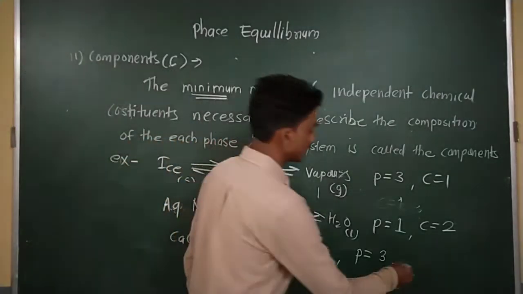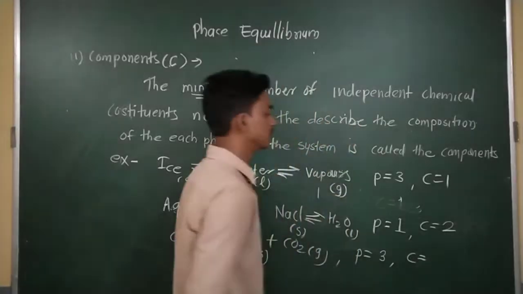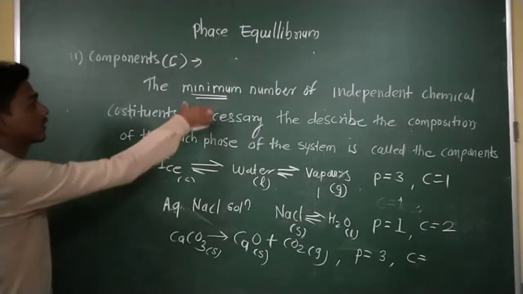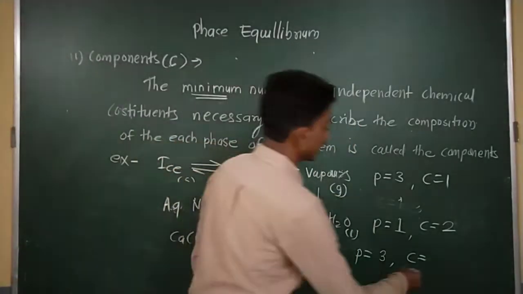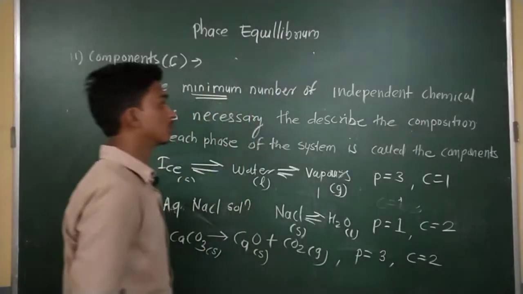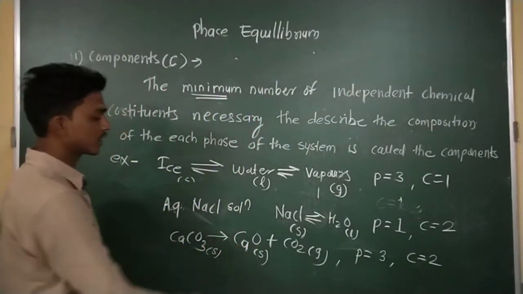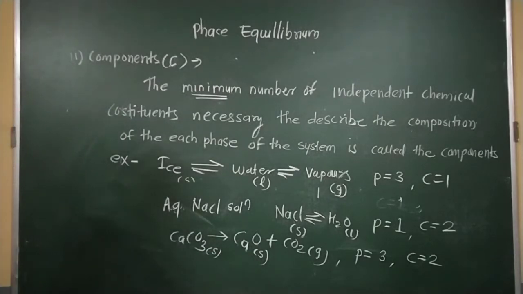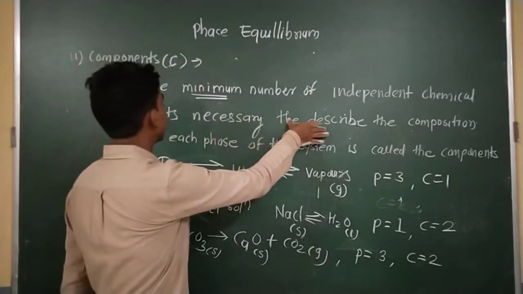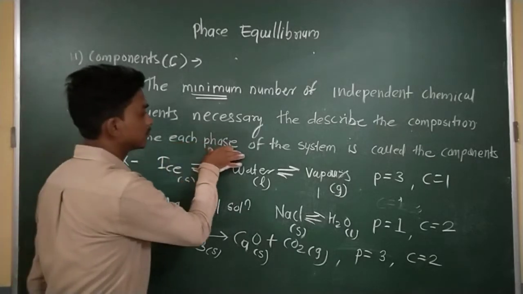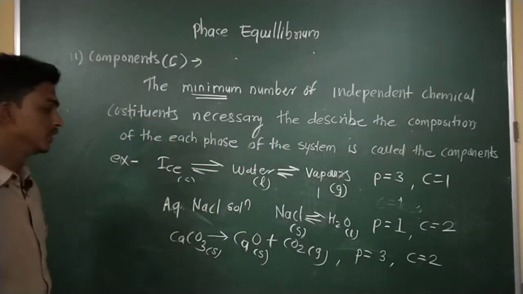And the minimum number of chemical components is what? 2. Because calcium carbonate and calcium oxide are the minimum number needed to describe the composition of each phase of the system.